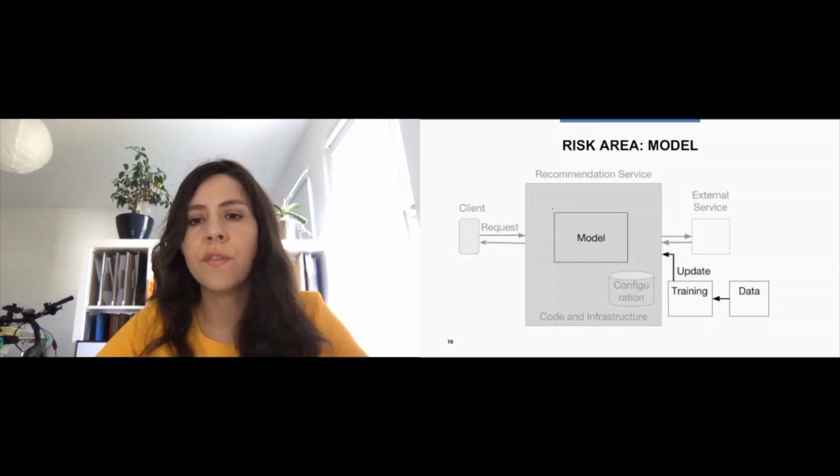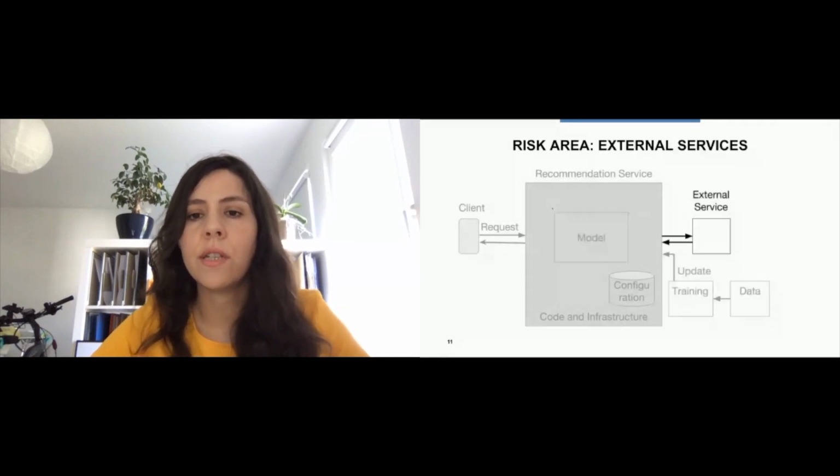If any of these external services degrade in performance, because, for example, another machine learning service like a personalized size recommendation might have a bug, or we had a case where we switched from one enrichment service to another, and in the other enrichment service, one of the fields that we used to filter on was less filled.